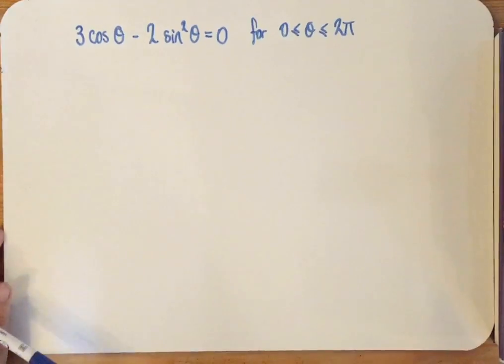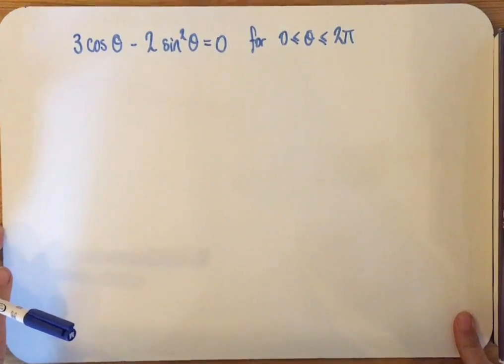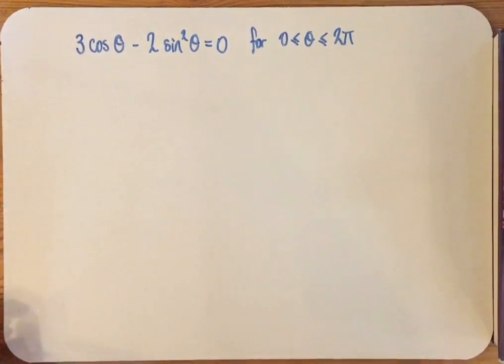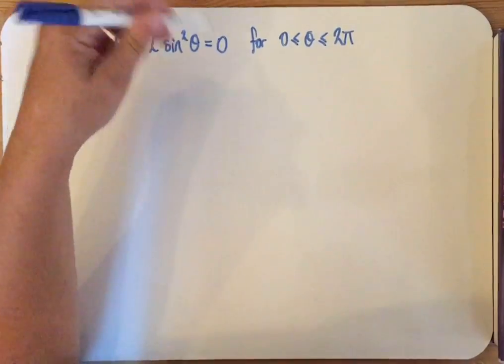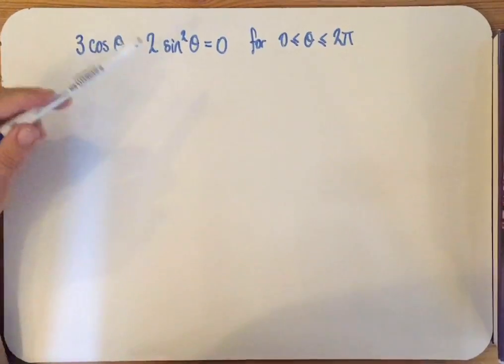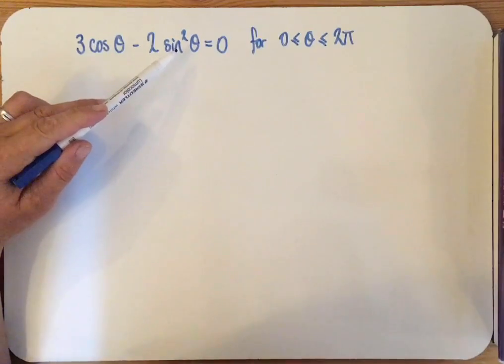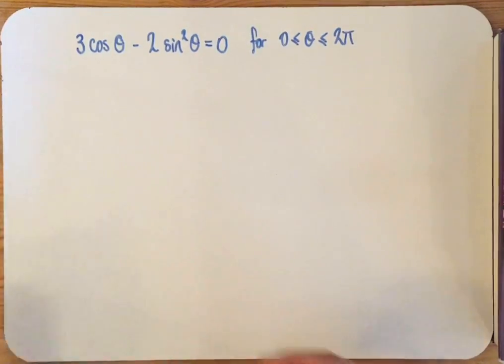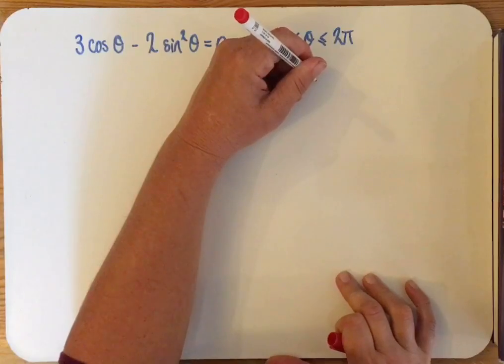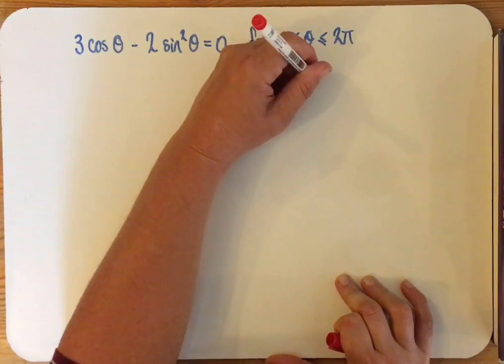Second example, I've got 3 cos theta minus 2 sine squared theta is equal to 0. Because I've got this sine squared in there now, I need to convert this sine squared to 1 minus cos squared, because we know that sine squared plus cos squared is equal to 1.